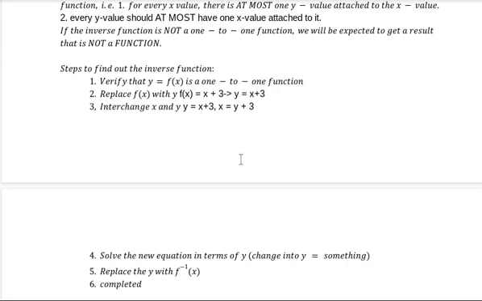And then replace y with f negative 1 of x, and it's completed.